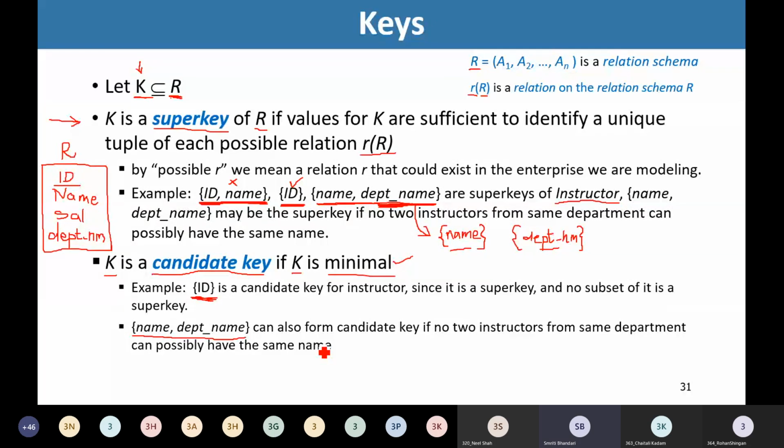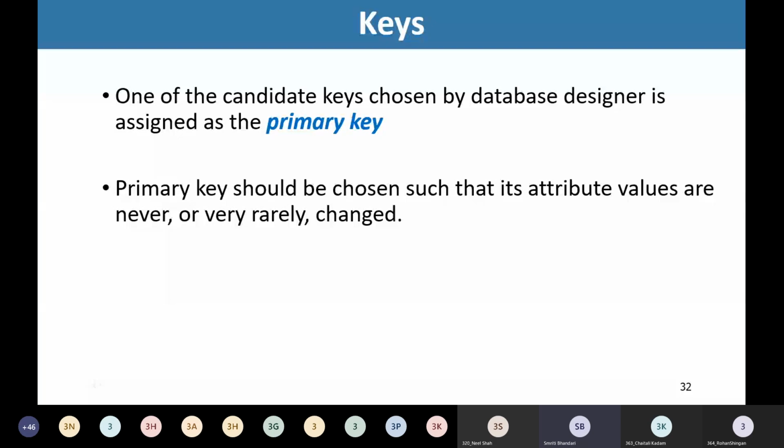Fine. Now, let us talk about the primary key. One of the candidate keys can be selected by a database designer, and that is treated as the primary key.